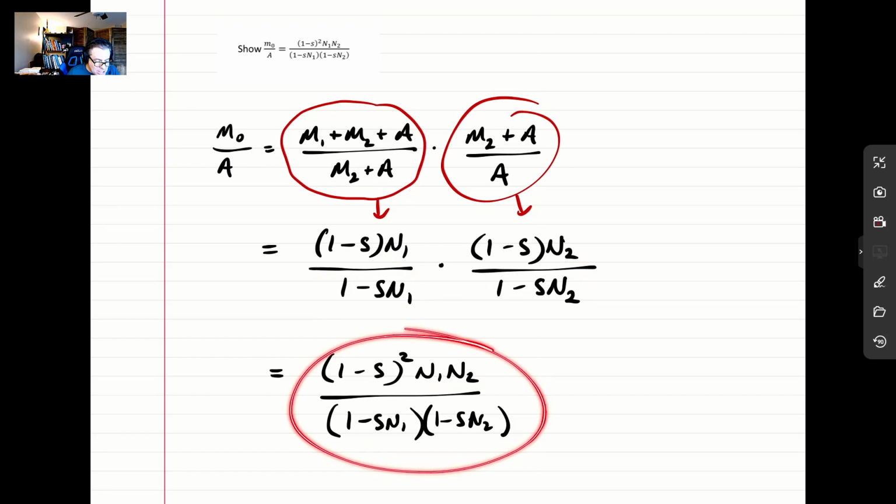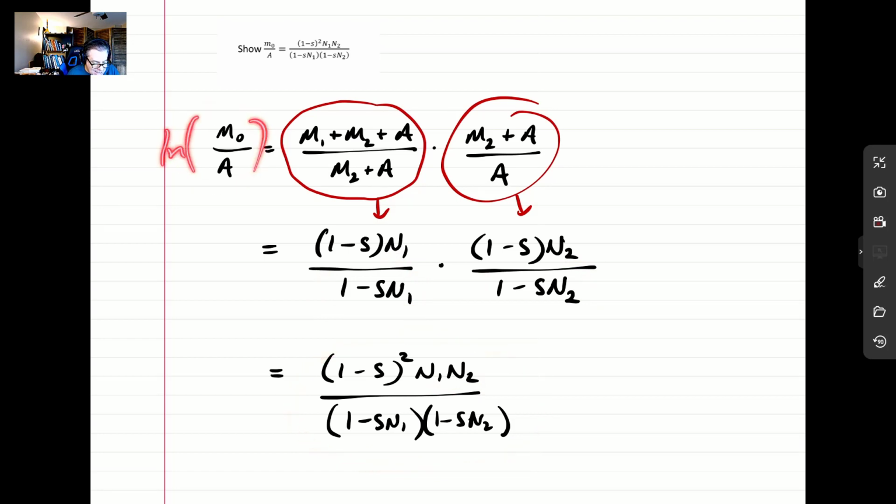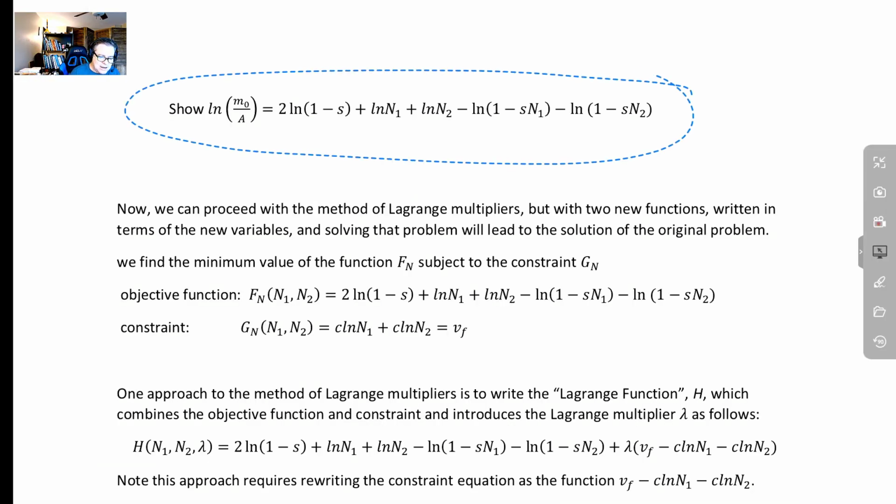Now that looks much more complicated than this guy, but when you do an ln of this guy and therefore an ln of this guy, that we can simplify with the ln, and the whole thing is written in terms of the new variable in a way that taking the derivative is easy, and all of the following steps of the Lagrange multiplier are easier in that situation with those new variables. So this is the last thing that I want to put together, and then we can proceed with the Lagrange multiplier.